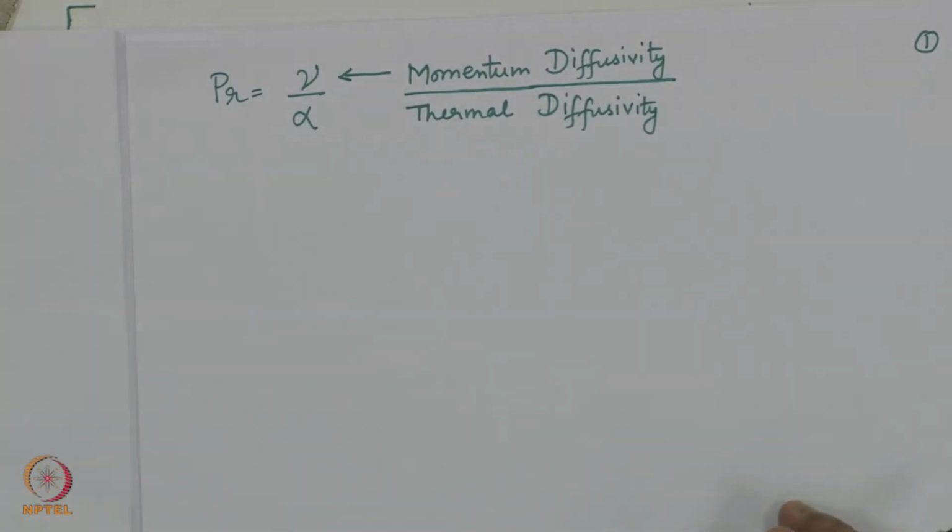It indicates how effective momentum diffusivity is when compared to how effective heat transfer is. See, certain people have affinity for certain things. A fluid also does not behave the same way with heat transfer as with momentum transfer.